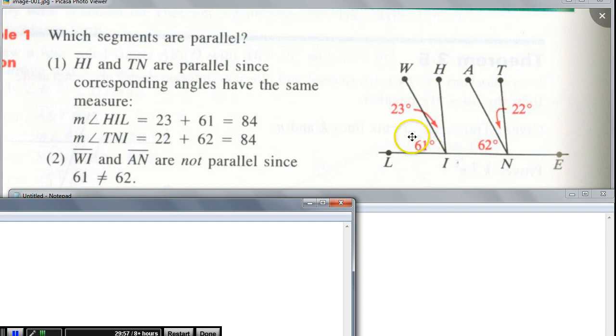No, it's not 61. It's 61 plus 23, which is 84. What's the measurement of angle TNL? 62 plus 22 is, again, 84. Aren't those two angles corresponding angles? So now you can see that corresponding angles of two lines cut by a transversal are congruent. Therefore, these are parallel.